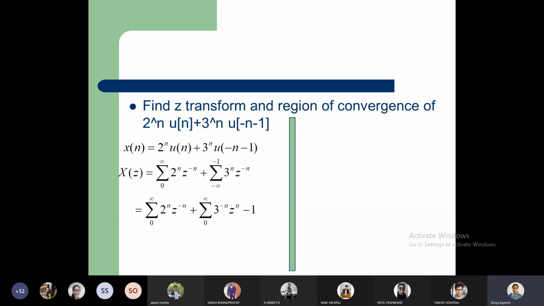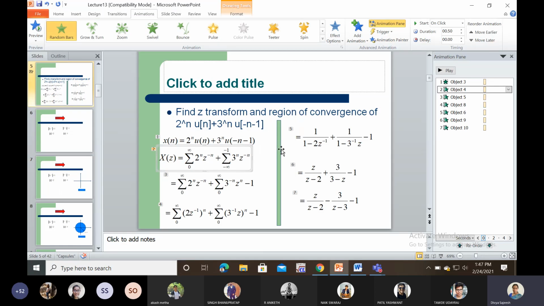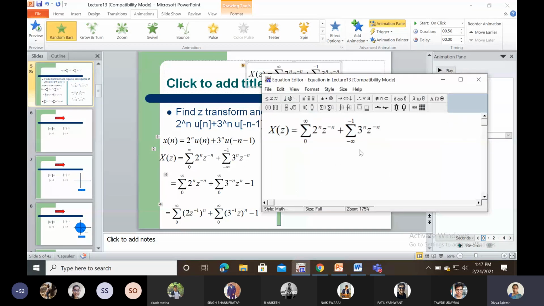So one more step if you want to see, you can show it here. I can make it minus infinity to 0. If I do minus infinity to 0, then I should subtract a 1 from here.